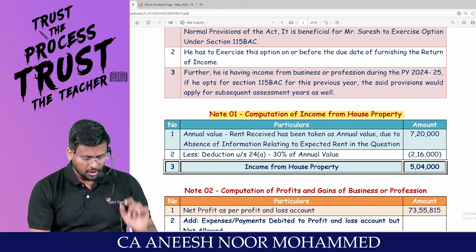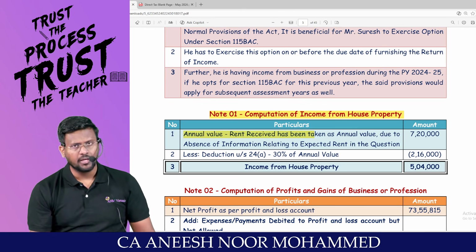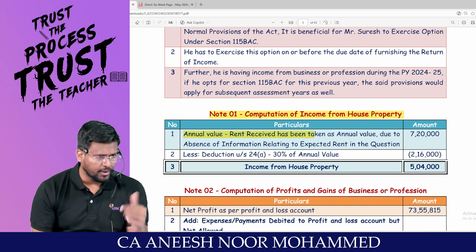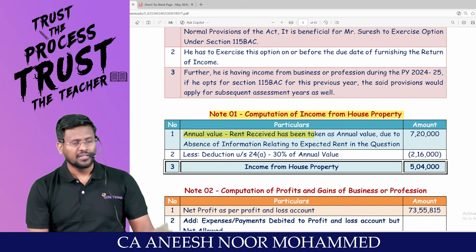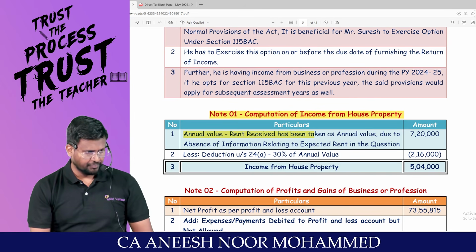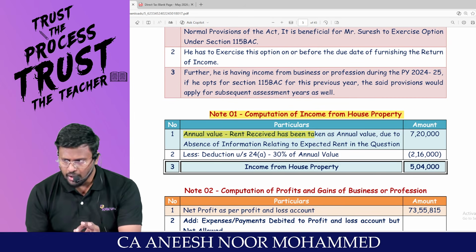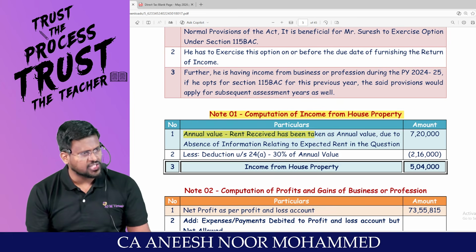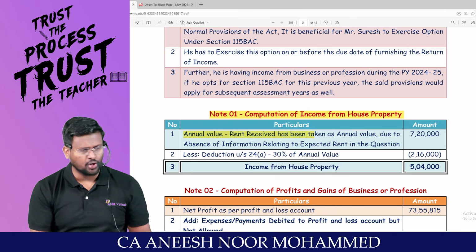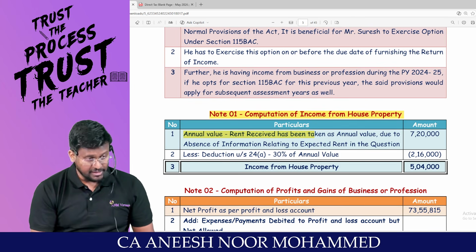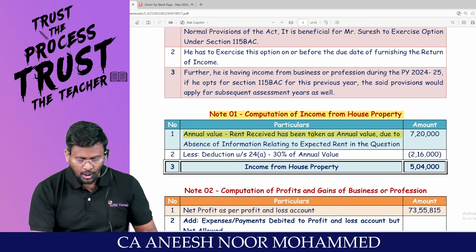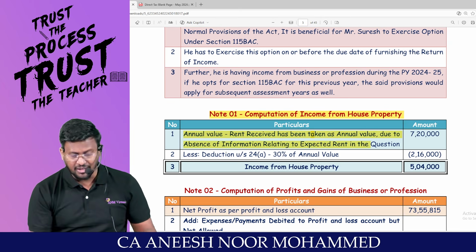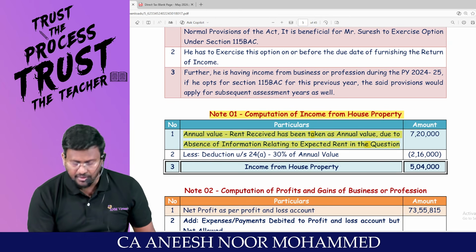That means gross annual value will be fair rent or municipal value, whichever is higher; then whichever is higher or standard rent, whichever is lower, the answer is called expected rent. Expected rent or actual rent received or receivable, whichever is higher. That much information is not given in the question, which is why rent received has been taken as annual value, due to the absence of information relating to expected rent.